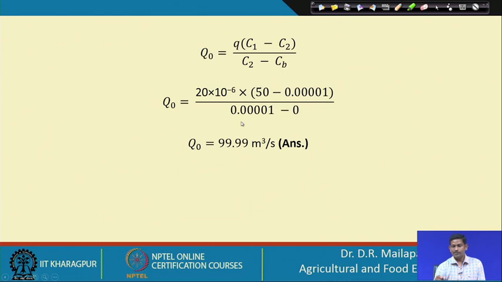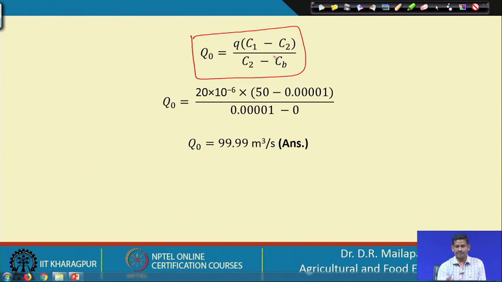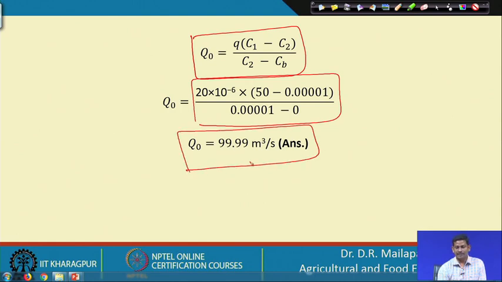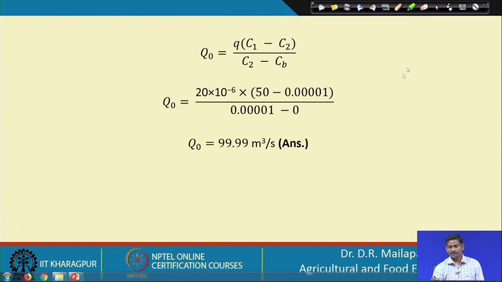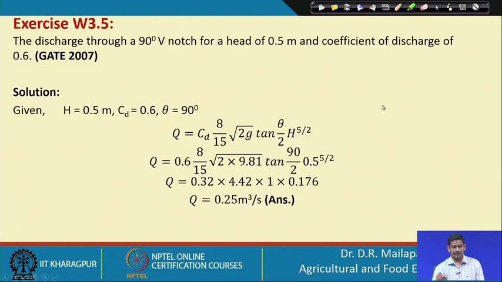Q naught is equal to q into (C1 minus C2) by (C2 minus Cb). So, substitute these values, and Q naught is equal to 99.99 meter cube per second.